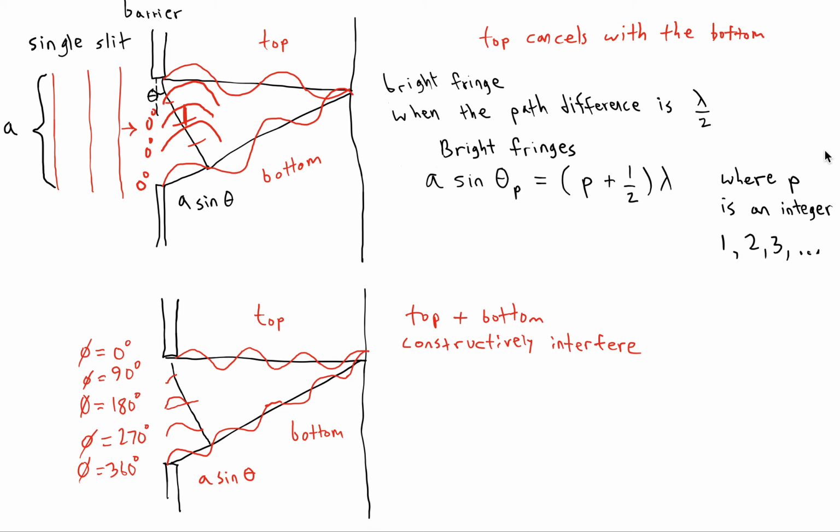Alright, so even though the top and bottom constructively interfered, everything else would cancel. And it would even destructively interfere with the one that's at 180 as well.